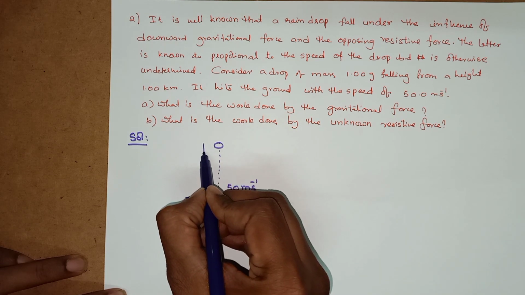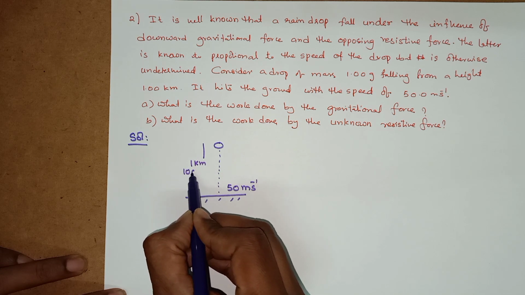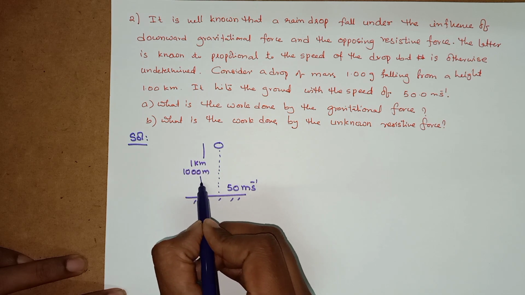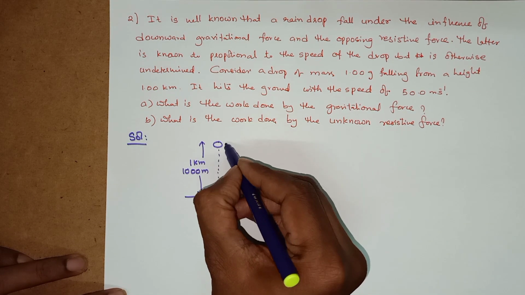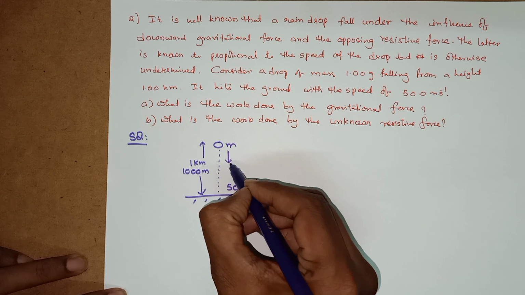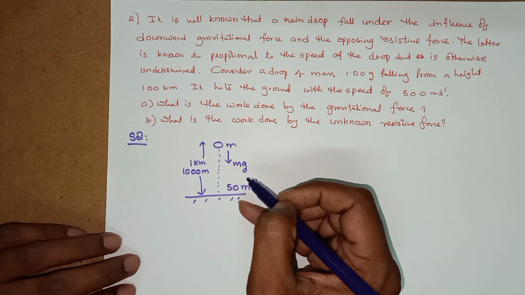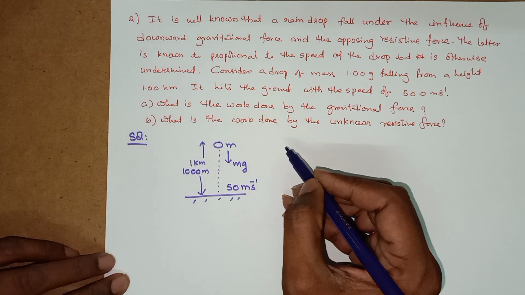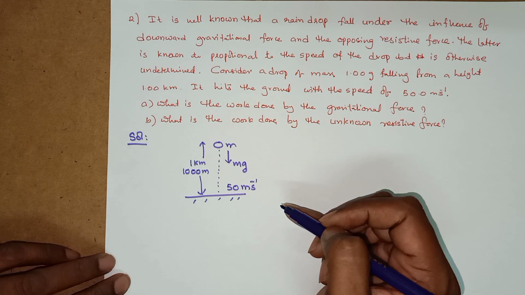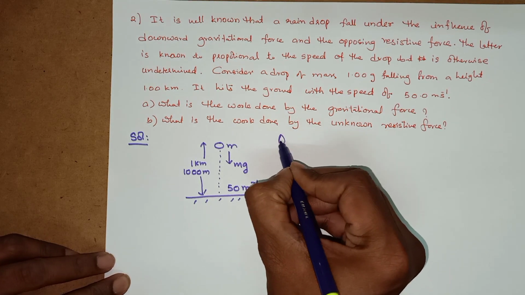The height is 1 kilometer, of course I would write it as 1000 meters. If this is the mass, the gravity force is acting downward. What is the gravitational force? mg.